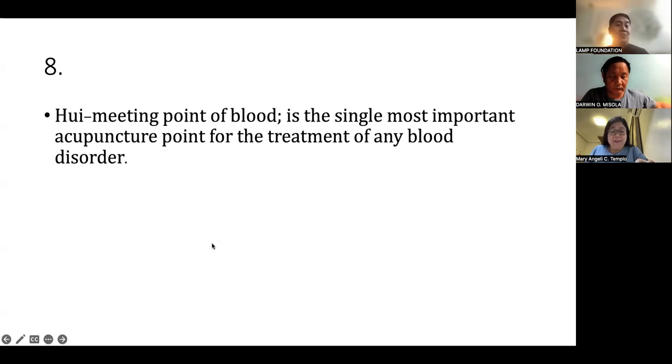The Hui meeting point of the blood. It's UB17. Okay, UB17 or bladder 17. We usually use this for any issue involving the blood: blood deficiency, blood stagnation, any blood disorders.